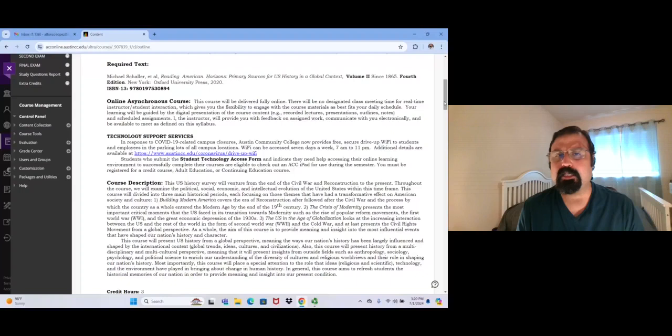So I highly recommend that you obtain this textbook as soon as possible, because what I've known from experience is that the bookstore usually sends back unsold copies back to the vendor, let us just say at the midpoint of the term, assuming that students who did not buy the book initially in the very first days or the first week, they're not actually going to buy it from the bookstore.